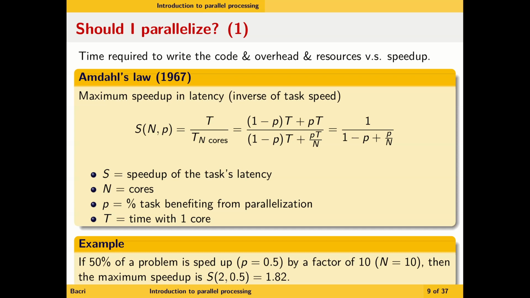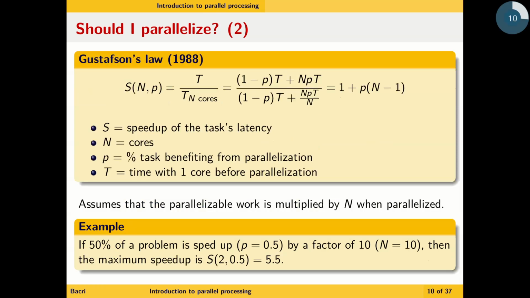Now, historically, this law works well, but the problem is that the workload has a fixed size. Some people have seen empirically, when distributing their workload on multiple computers, that the more cores they have, the more they increase the amount of work that can be parallelized. So this can be adjusted with this law, and the main difference is that the workload, when it is parallelized, is multiplied by a factor of n.